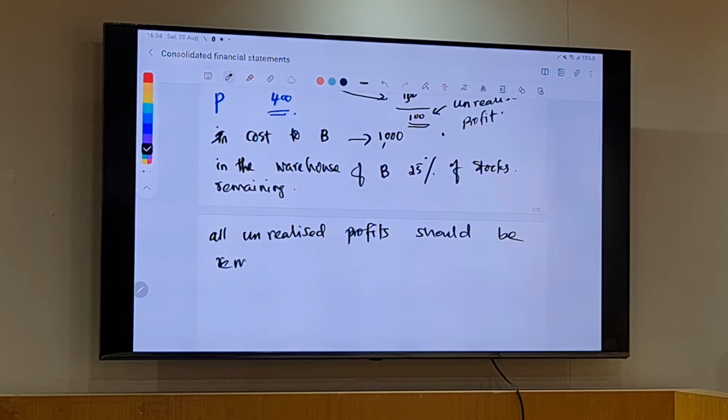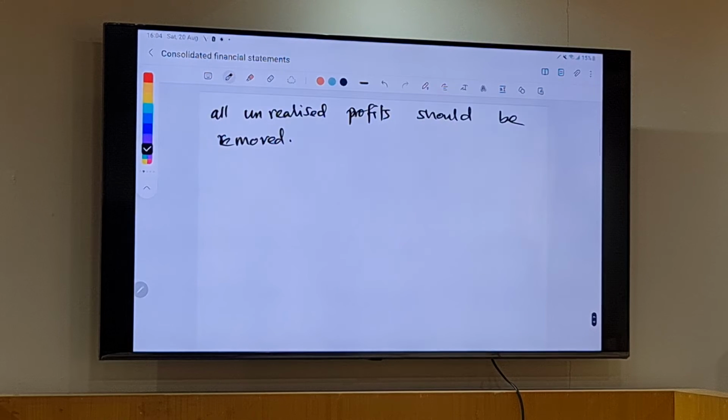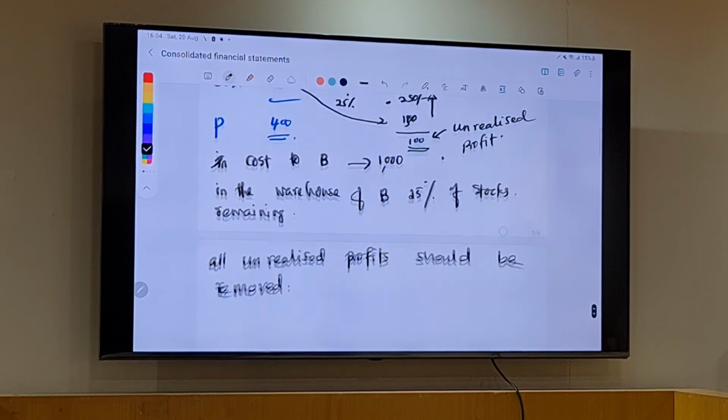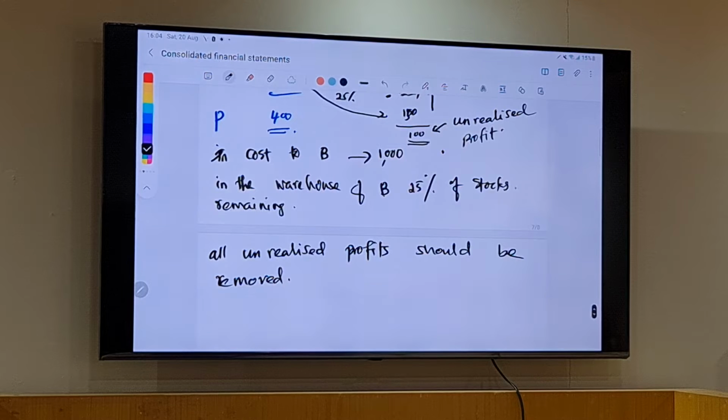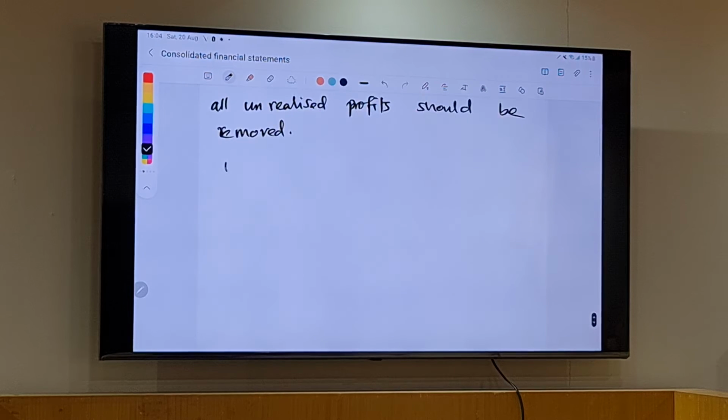Should be removed. How? Now, inventory is in the books of the subsidiary, and profit is in the books of the parent. Correct? Now I have books of parent and books of subsidiary.